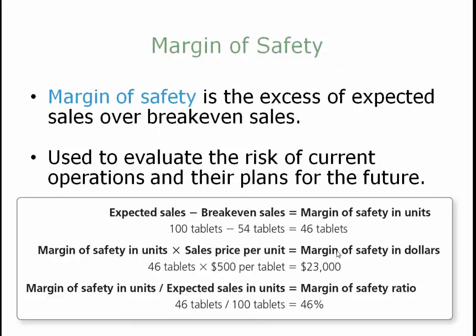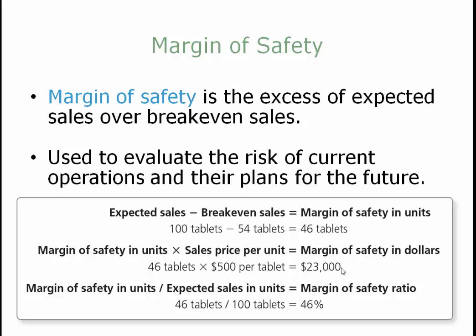Okay, margin of safety is the excess of expected sales over break-even sales. You can take a look at how this is calculated. I'm not going to go through all of it, but basically we expect to sell 100 tablets, and our break-even is 54, so our margin of safety in units is 46 tablets, and we multiply that times $500 per tablet, and it says $23,000.